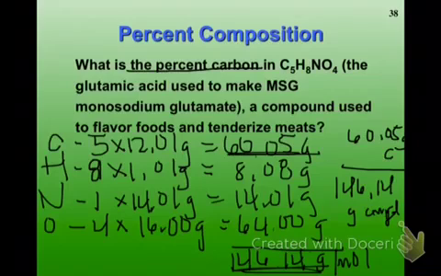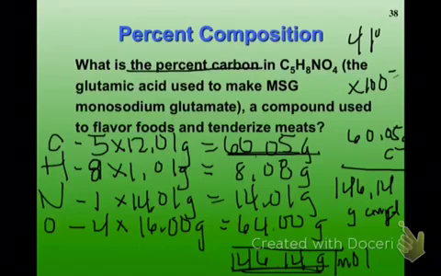When I multiply by 100, I get, I didn't do that math yet. 60 divided by 146.14 equals 41% carbon. Okay? So 41% of my mass is represented by those 5 carbon atoms. Okay? Let's do another quick example.